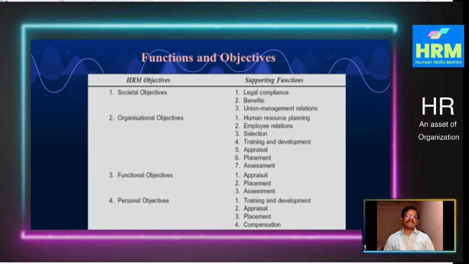Right. If you look at the functions and objectives, like the societal objectives, there you'll find legal issues, legal benefits, and union management relations. So human resource management deals at the society level with legal aspects and union management relations, like trade union management.